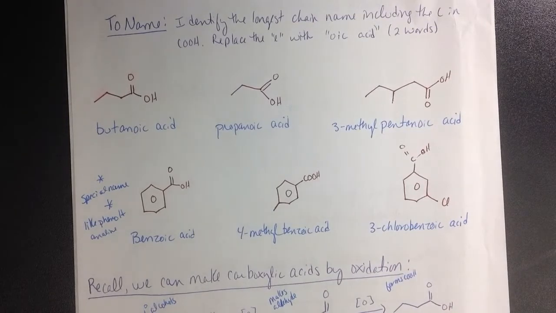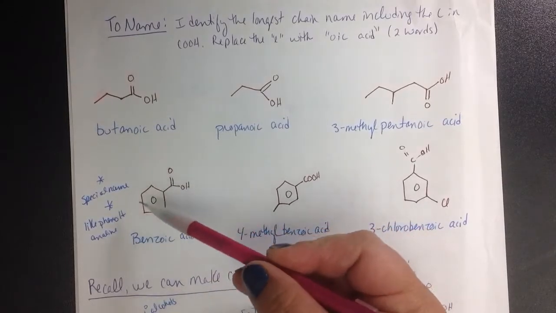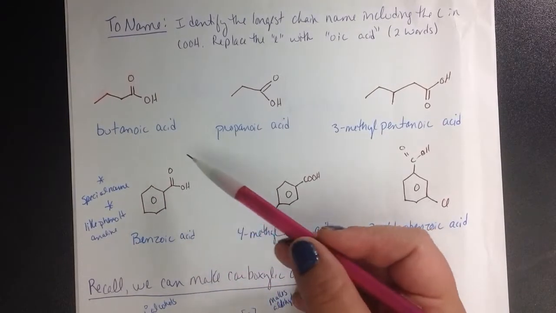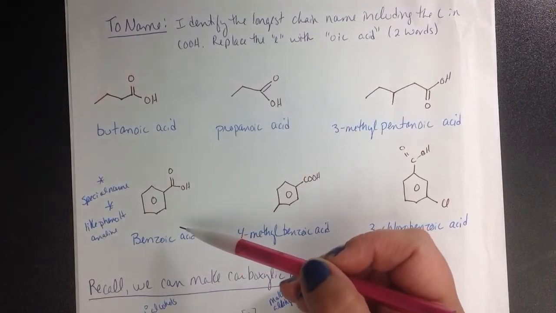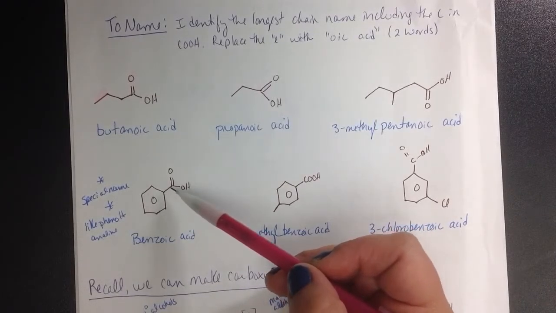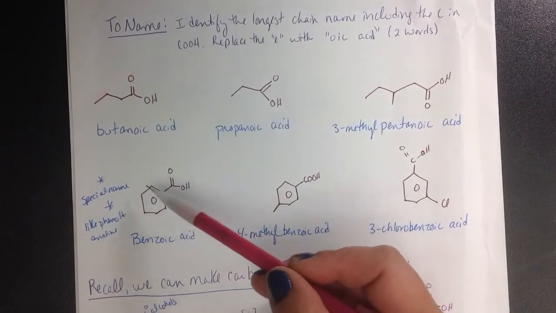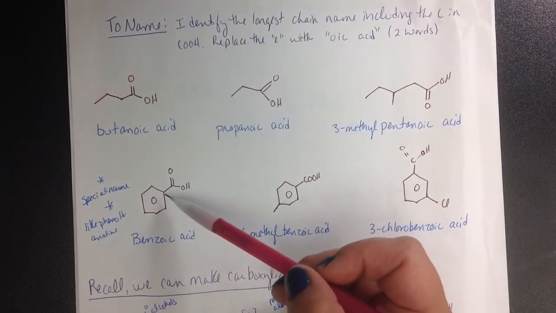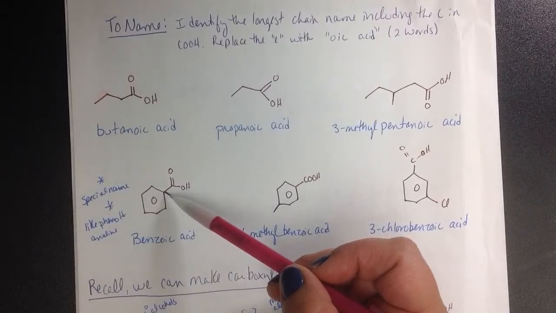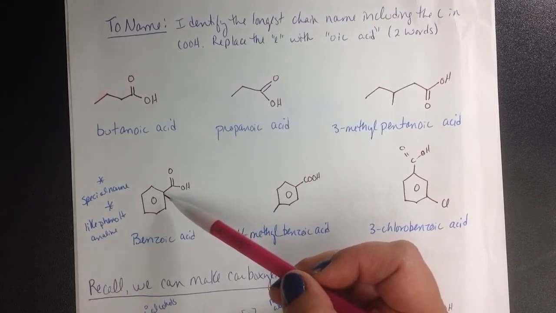Just like we used phenol earlier, benzoic acid, as you see right here, is a special case. Benzoic acid has a COOH, and it doesn't matter where that COOH is, it's still benzoic acid. The carbon that it's attached to in that phenyl group is number 1.